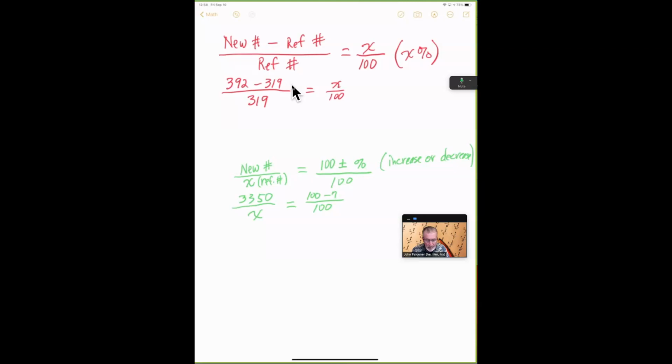And we're going to divide that by the original number, the reference number, 319, and that'll give us an answer in the form of a percent. It's a decimal. It's 0.228840125.